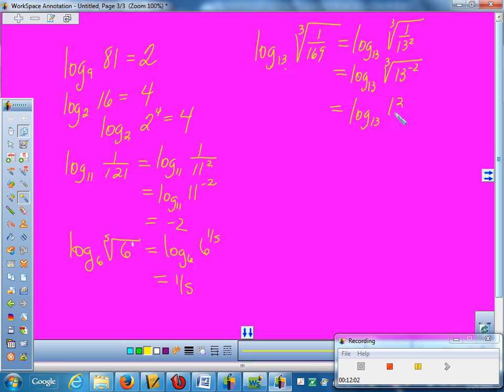So that's going to be 13 to the negative 2/3. So then finally, what's your answer? Because now that I've finally got them to have common bases, my answer is indeed just negative 2/3. So as long as you can work at it using your rules of exponents, you can make it happen.